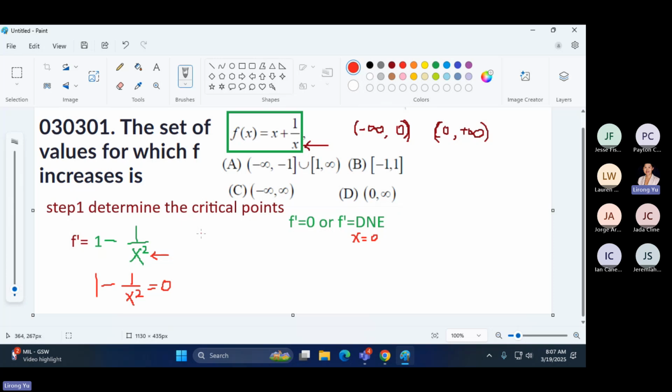So what we can do is move the 1 over x squared to the right side of the equation. We have 1 equal to 1 over x squared. That looks like one term on the left and one term on the right. To go forward, what do we do to solve for x?